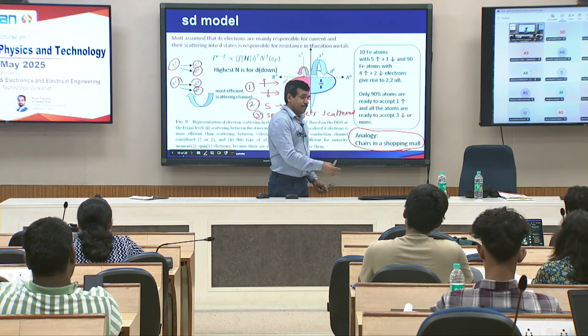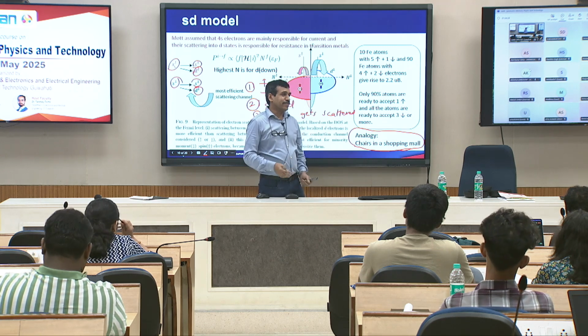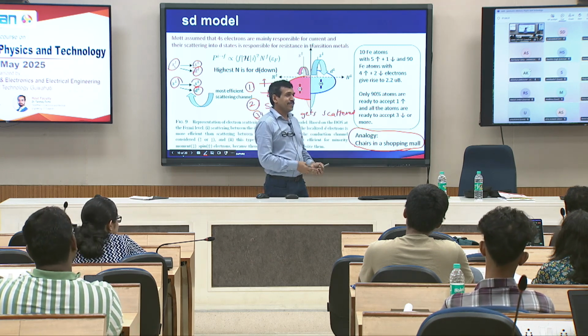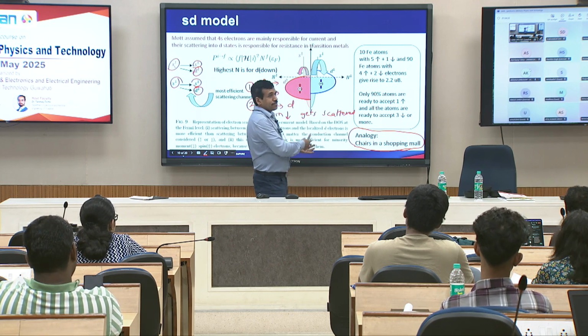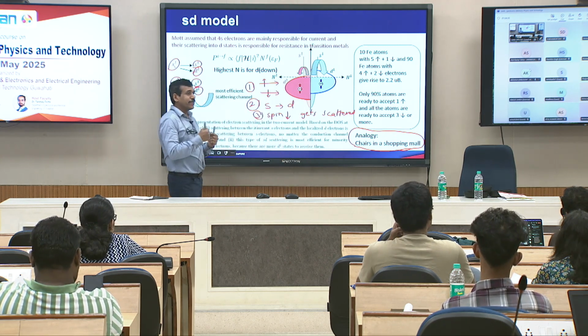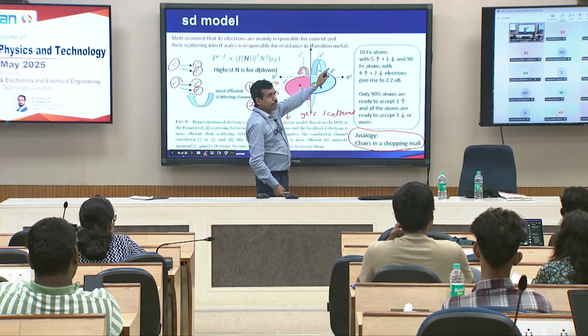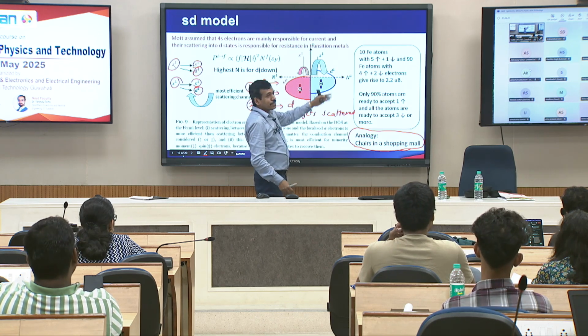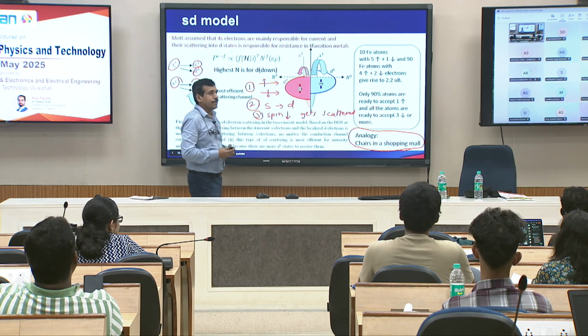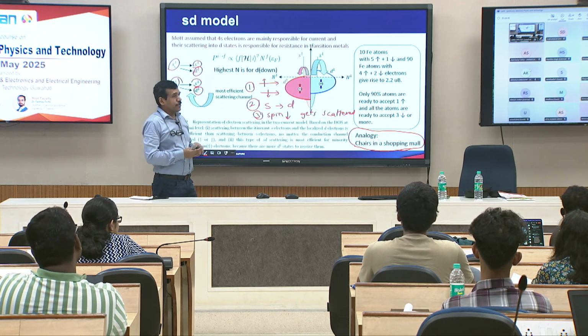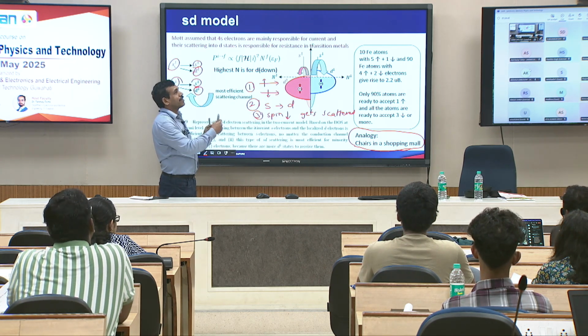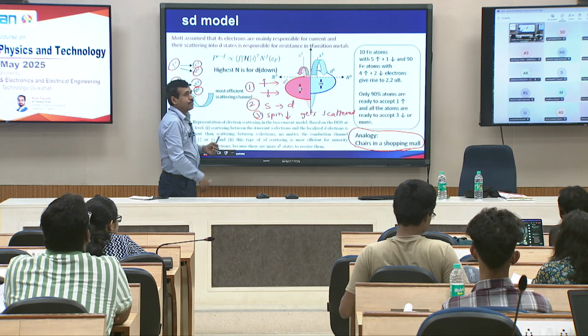On the other hand, if you find that many chairs are vacant, probably you will sit down and take rest. Similarly, if electrons find some states available, they may get scattered into them, but if there are no states available, they will keep moving. So, resistance is high when the electrons do not flow, right.